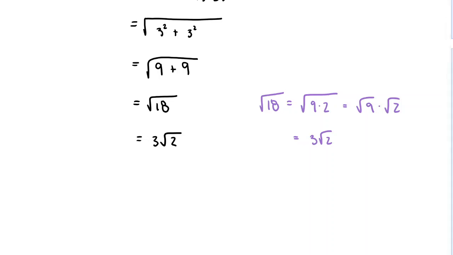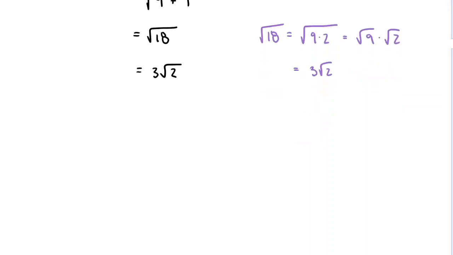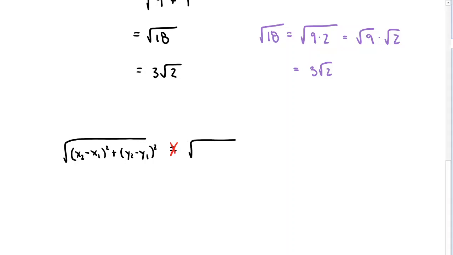One thing I want to warn you about before we wrap up this video is a common error that appears when students work with square roots. I want to emphasize that the square root of x2 minus x1 squared plus y2 minus y1 squared is not equal to the square root of x2 minus x1 squared plus the square root of y2 minus y1 squared.